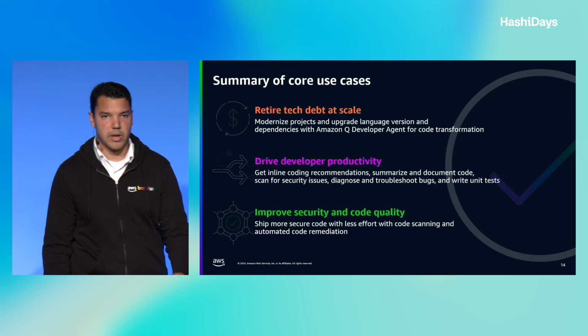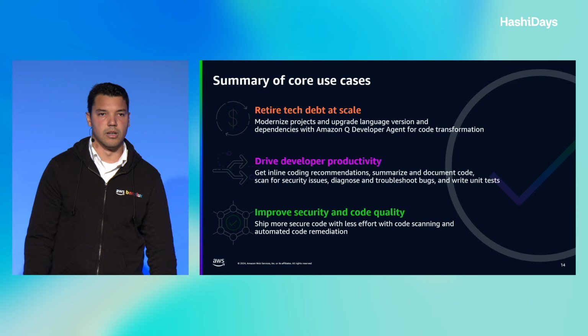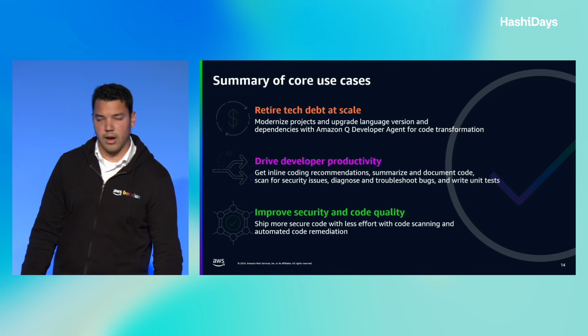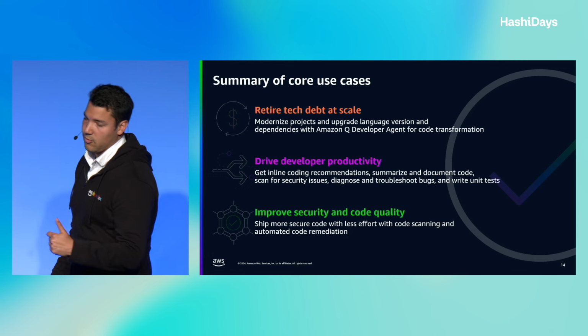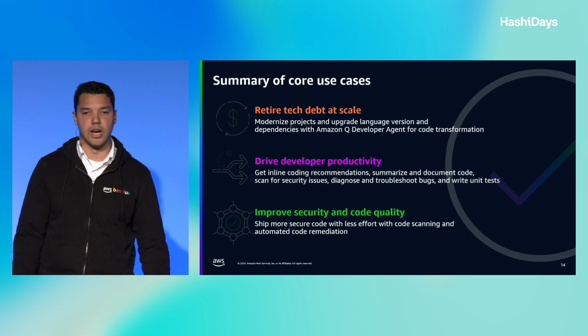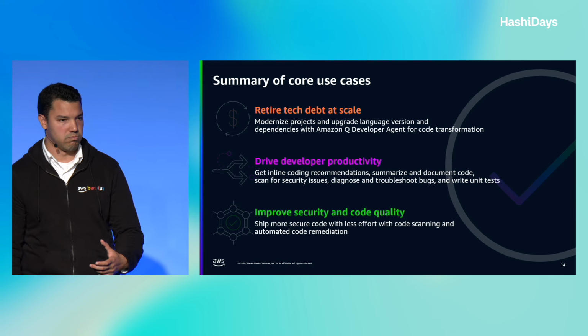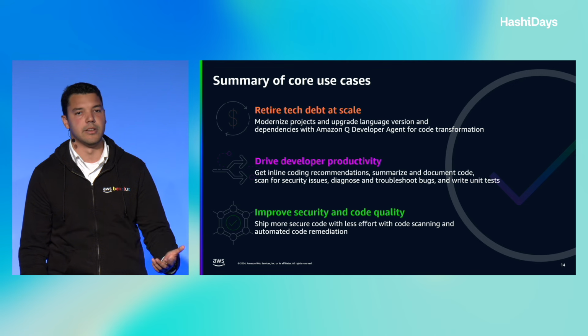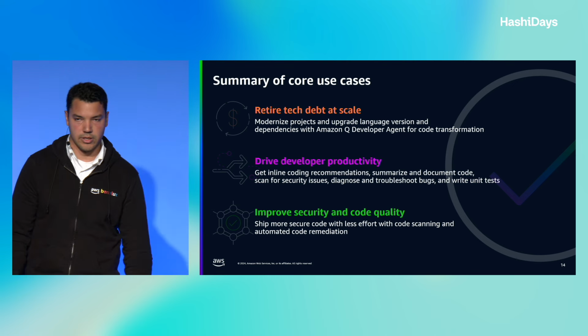The second major use case is driving developer productivity and agility. And finally, the third one, but for sure one of the most important, is improving security and code quality, which is very well aligned with all the best practices that we have been seeing during these sessions.